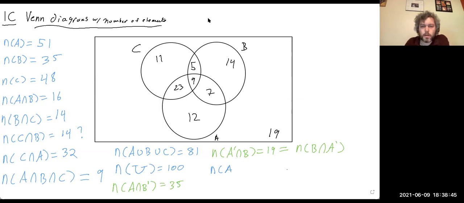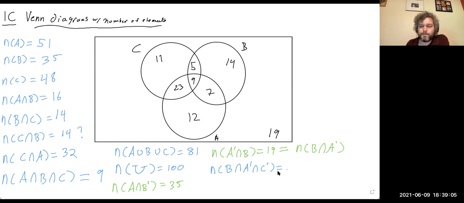Let's try this. I'm gonna write it a little differently. B intersect A complement intersect C complement. How many is that? I would think of this as B minus A minus C. But it says B intersect A complement intersect C complement.